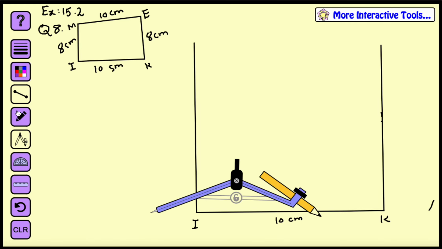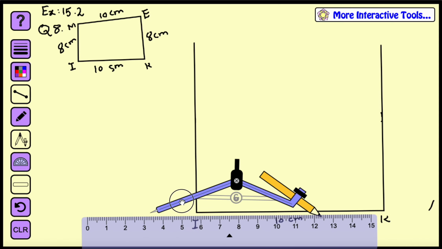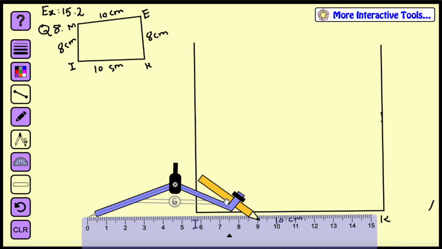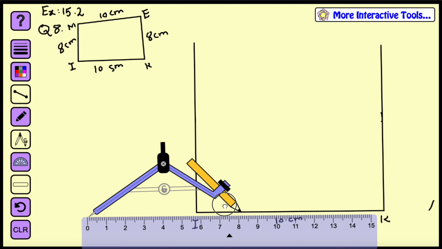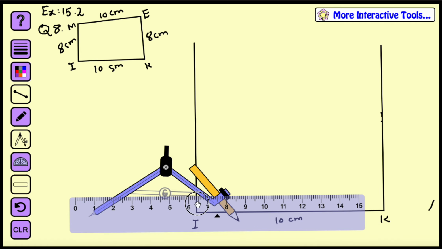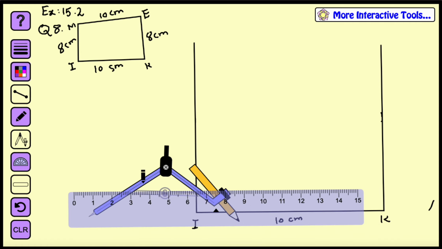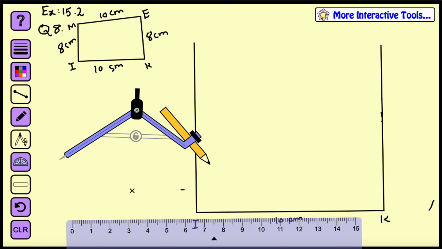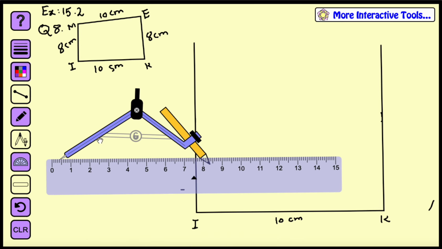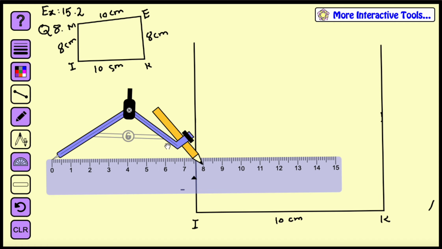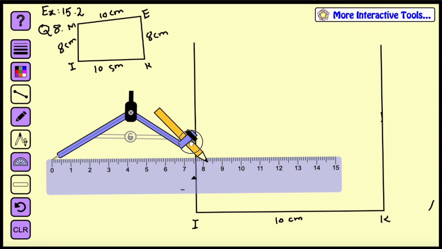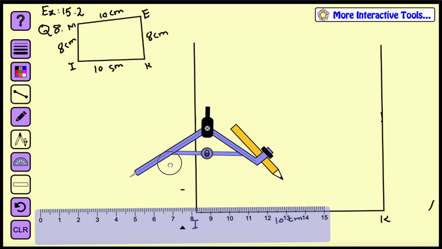So we are going to take 8 centimeter. Take 8 centimeter. So this one is 8 centimeter.